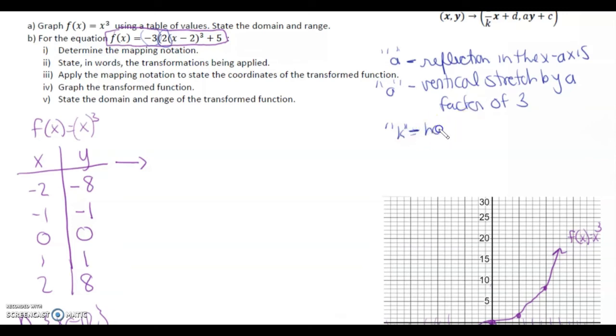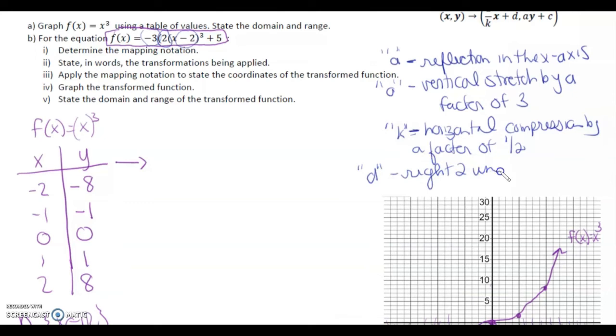The k value is 2, so we're thinking 1 over 2. So we're thinking horizontal compression by a factor of 1 over 2. This is our d value, so we're going to go right 2 units. And then our c value is going to be up 5 units.